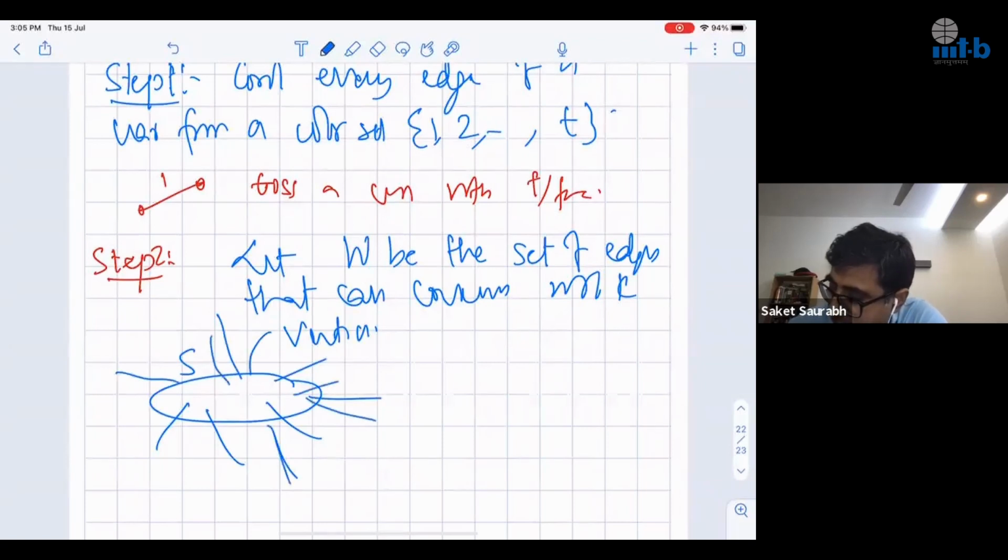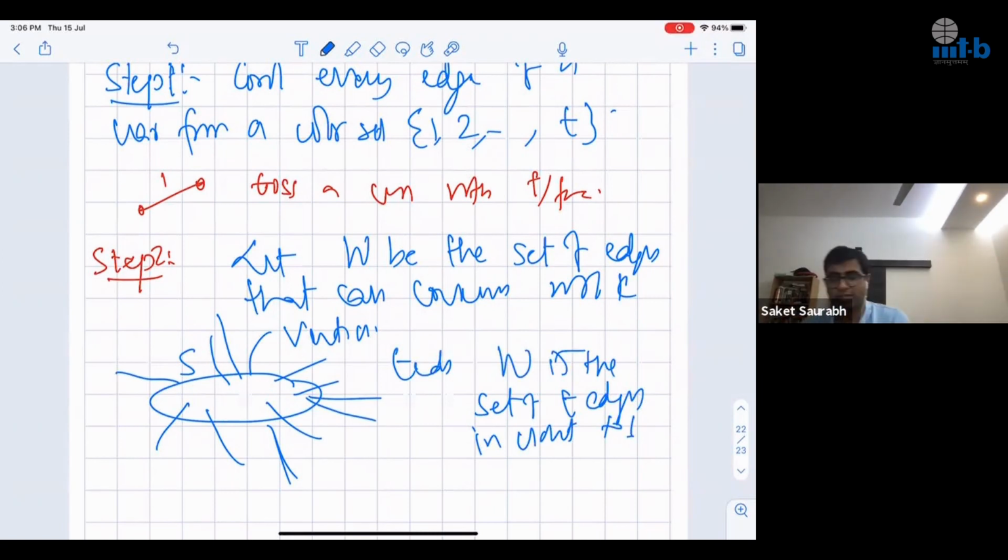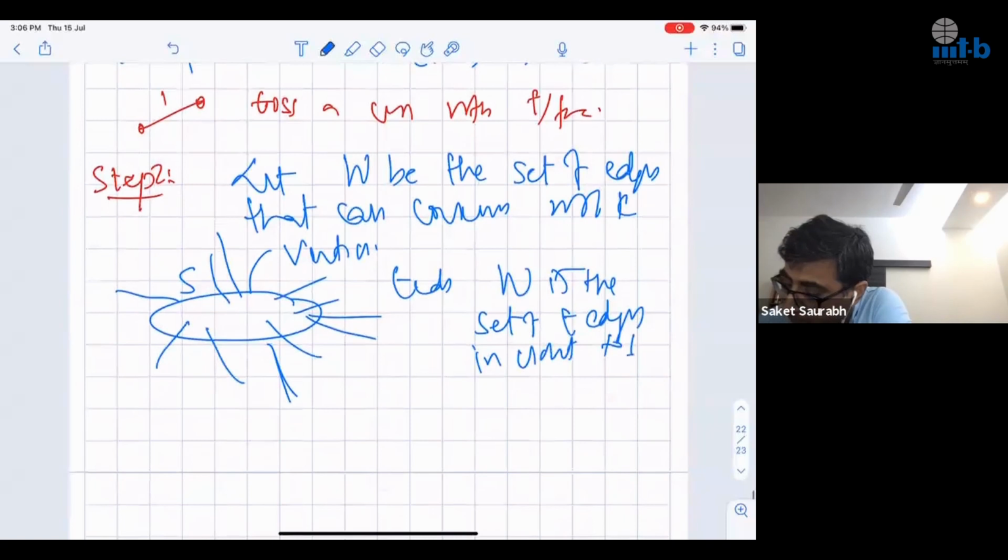W is the set of T edges incident to S. But suppose S covers more than T edges; then I delete some edges. In W, I only keep some T edges incident to S, even though it could be covering a lot, but I'm only interested in those.